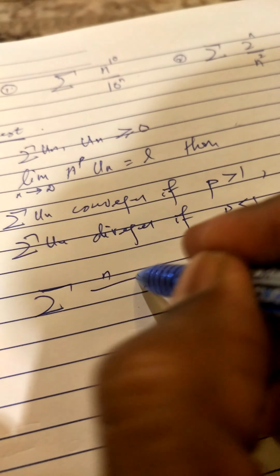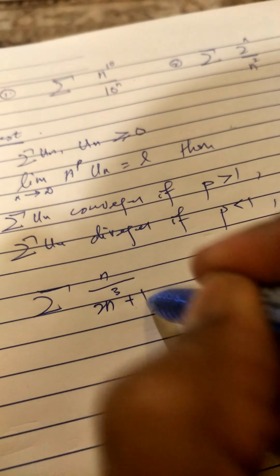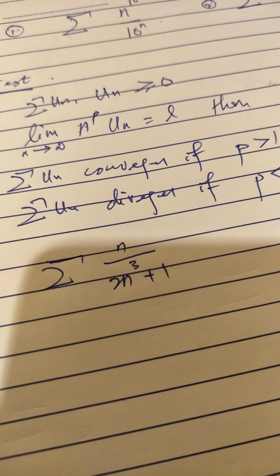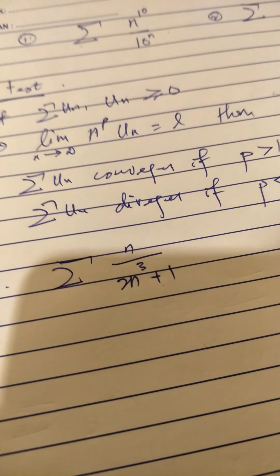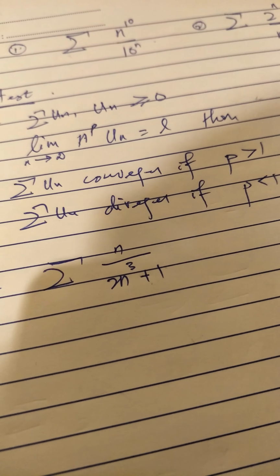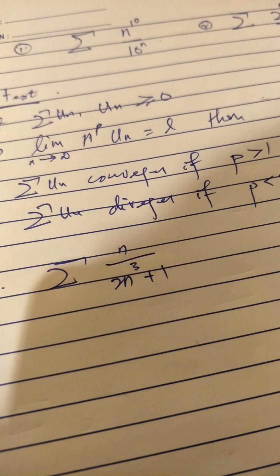Let's say an example. Let's consider this: n over 2n cubed plus 1. Well, you might think, must we use a particular test for a particular series?